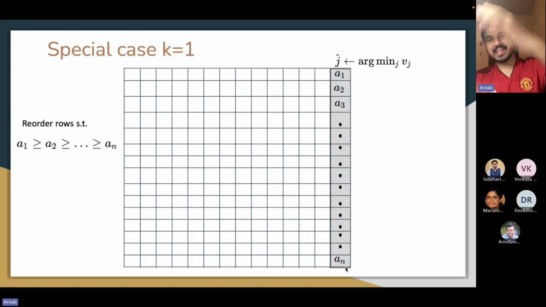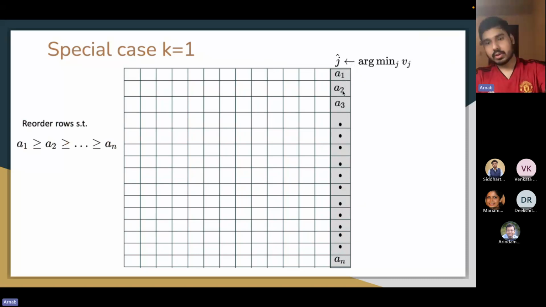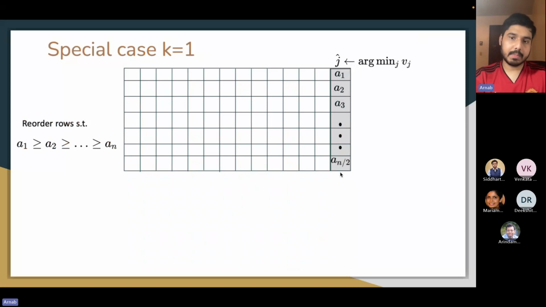If that's not the case, you can just swap the rows. So we are finding this j hat, the minimum over all Vj's, where Vj was the highest queried entry in each column, and say we have sorted them in decreasing fashion. The only thing we do is return the top half.